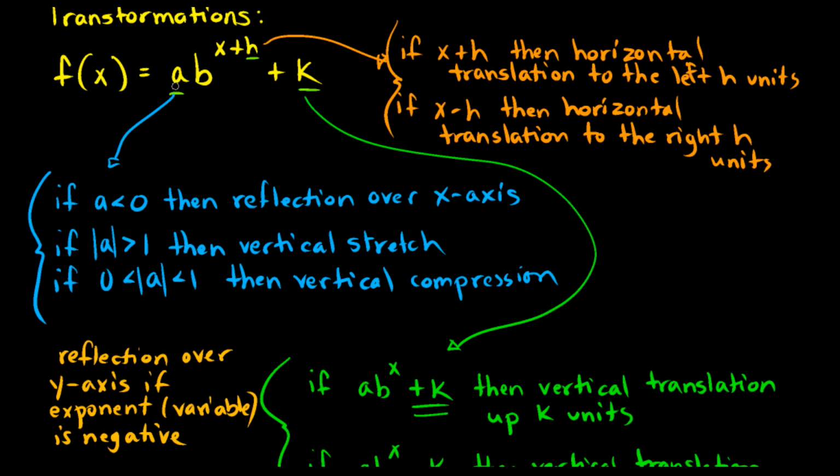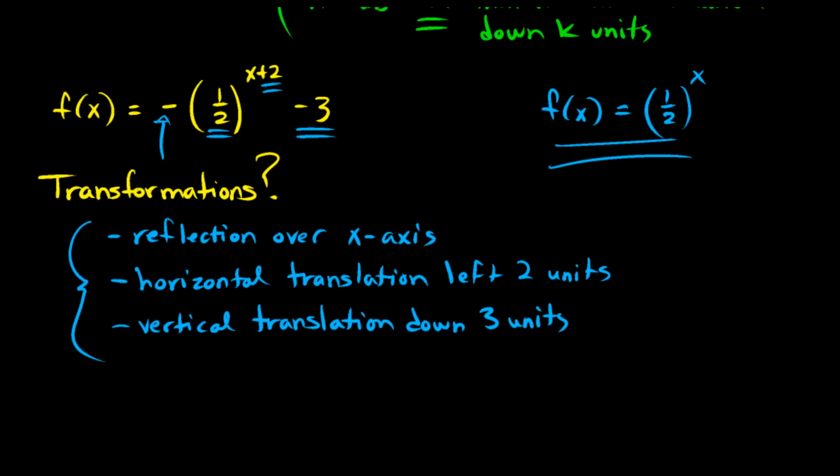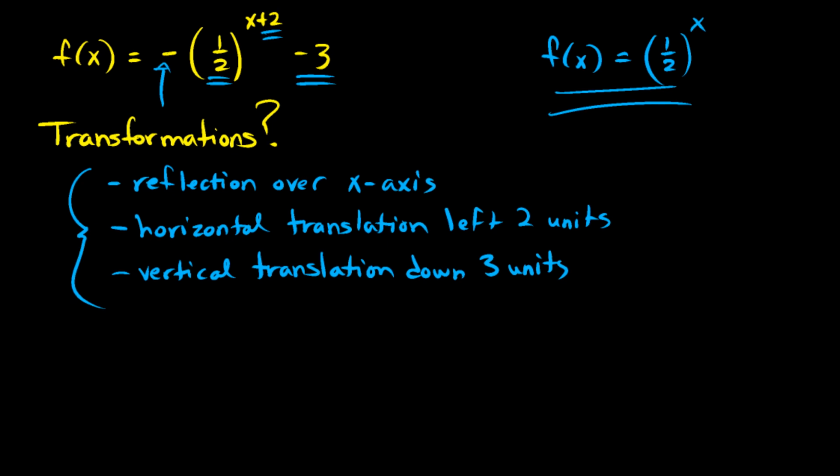Whereas if the a value is negative, that flips it over the x-axis. So if this is negative, it's a reflection over the x-axis. If the x value up here in the exponent is negative, there's a reflection over the y-axis. And I think that's it.